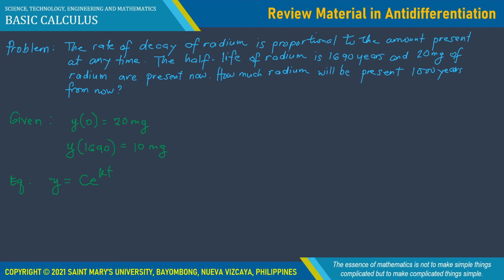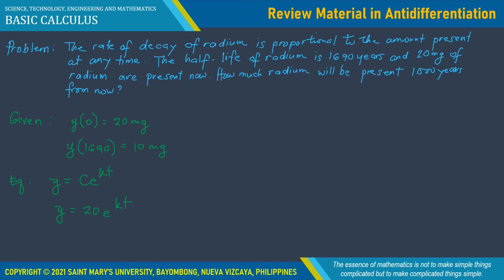That's the original. So, original natin is 20 E raised to KT. Bakit naging ganyan? Kasi yung C natin dyan is the original amount of the given element. Sabi dyan. So, paano natin masosolve?